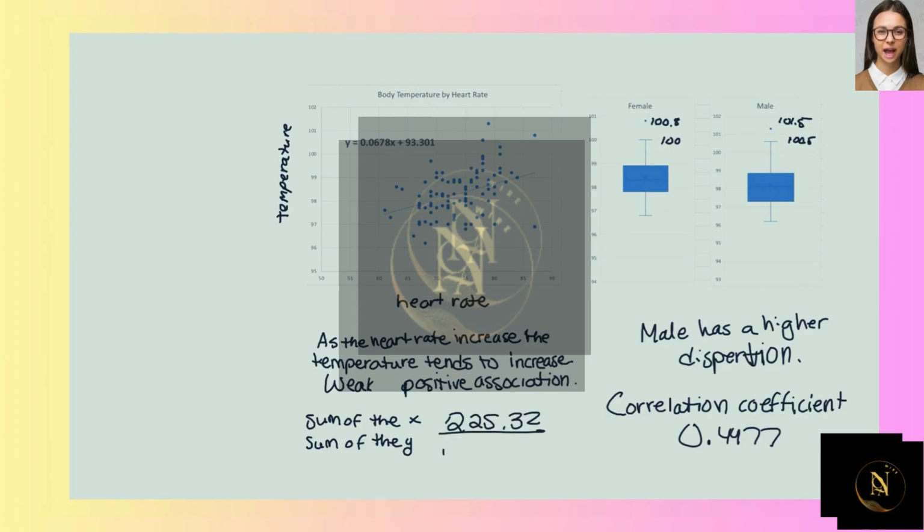Then you divide that by the square root of the sum of the y's squared minus the sum of the x's squared. You find the difference between the two, and so that's 2,794.44 minus 90.65, and then that's how I got the correlation coefficient.